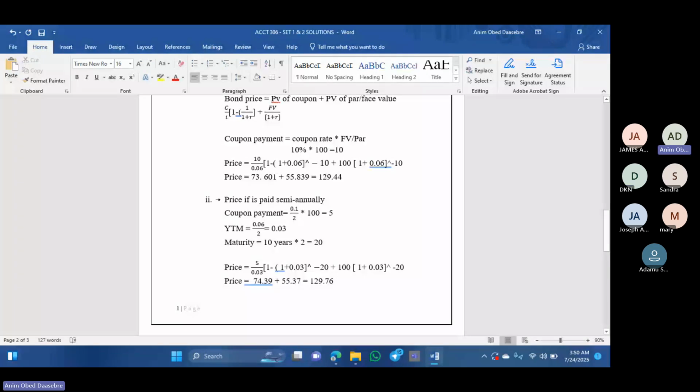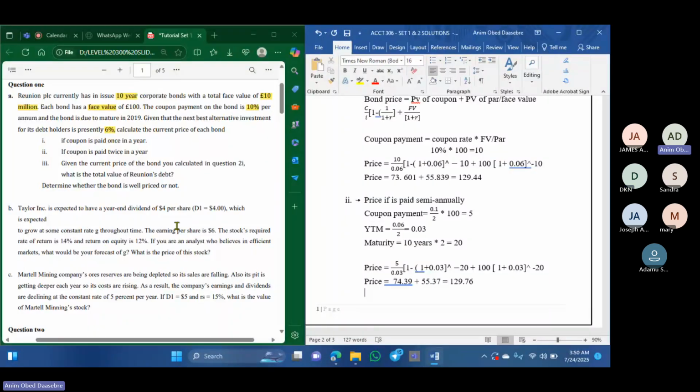Now the next question is, given the current price of the bond calculated in question 1I. So they are referring to the first one, the price that you calculated, right? Cost is the total value of renewal debt.